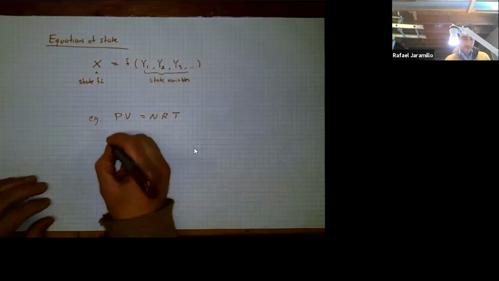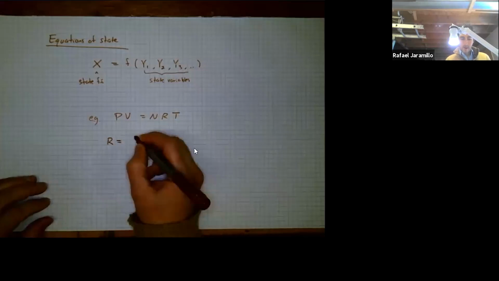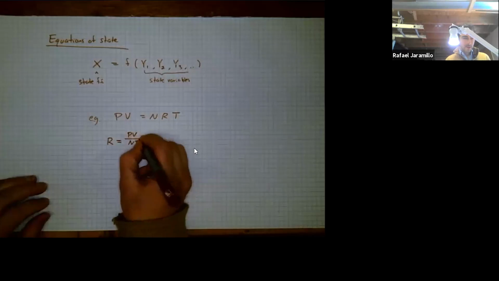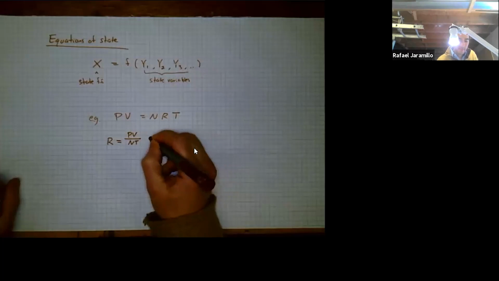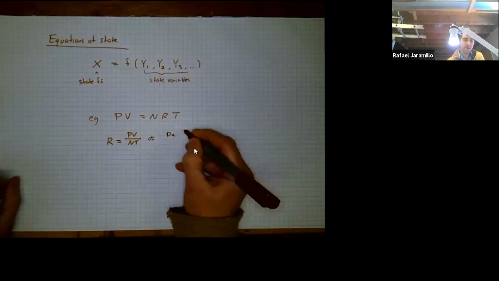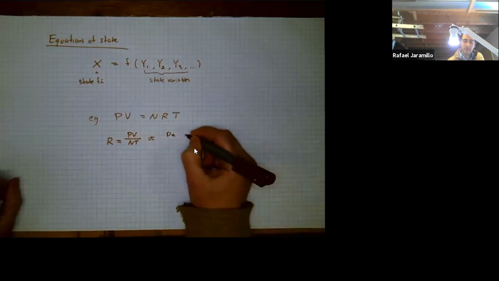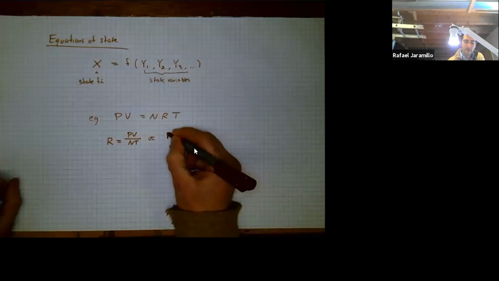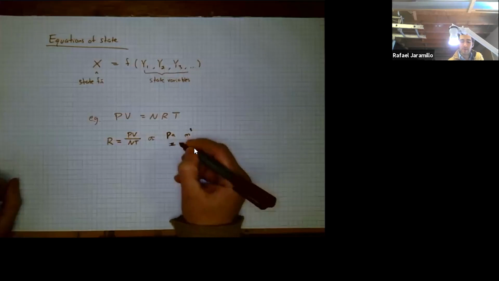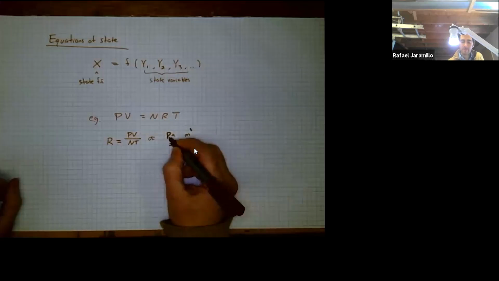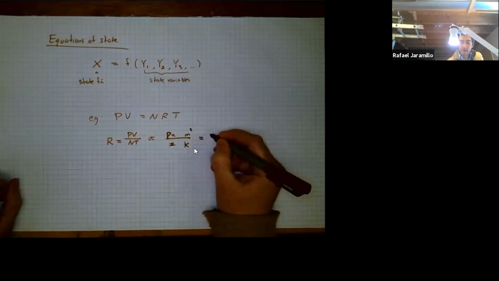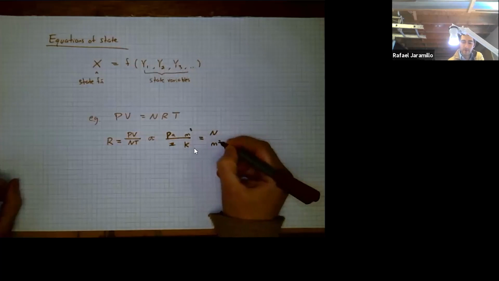Something on units here. Try to sneak this in. R equals PV over nT. What are the units of that? Pressure is pascals. Volume is meters cubed. Mole is unitless, just a number. And temperature is Kelvin. In fundamental SI units, a Pascal is a Newton per meter squared. Force over area, right?